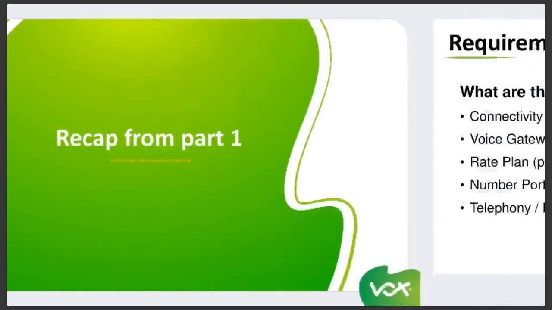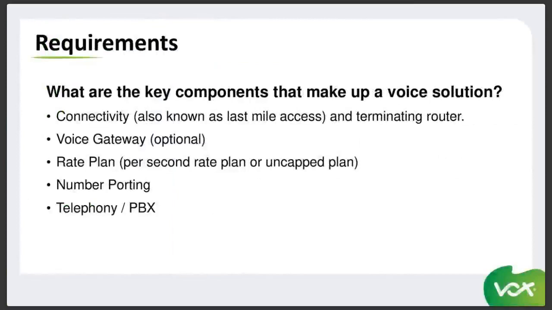Okay, as a quick recap from part one. You'll remember there were a few items that make up a voice solution, and I'll go through them in no particular order. We need some sort of connectivity to connect a customer site into Vox's core network. That connectivity is also known as last mile or access medium. We then may need a voice gateway, which is an optional item, depending on what type of telephony or PBX the customer has.